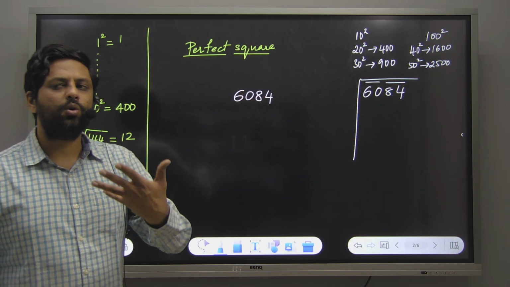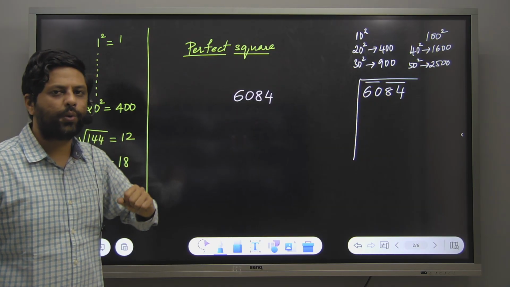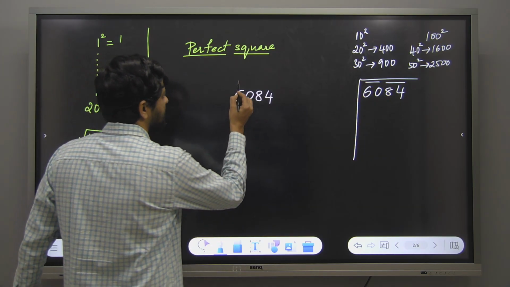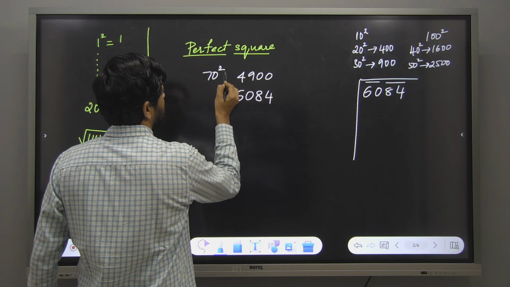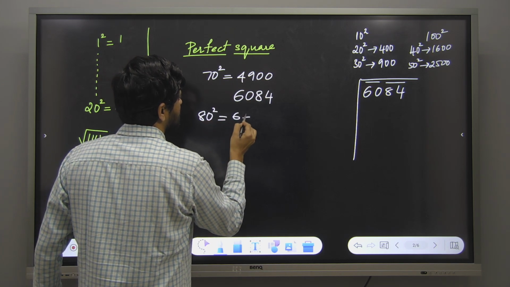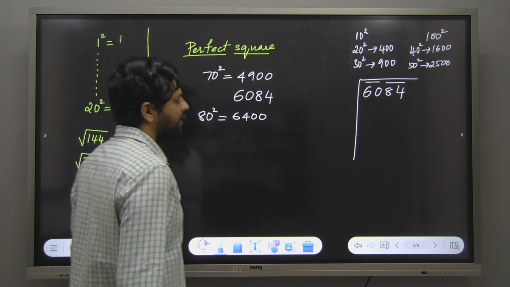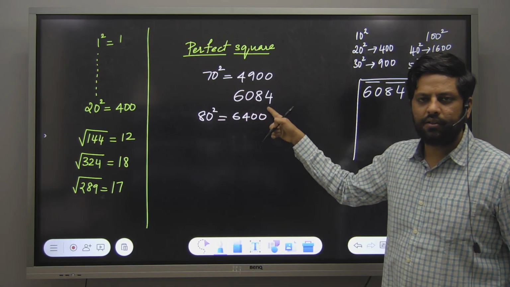You know it. Now tell me, between which two squares does this number lie? Does it lie between 70 square, which is 4900, and 80 square, which is 6400? Yes, sir.